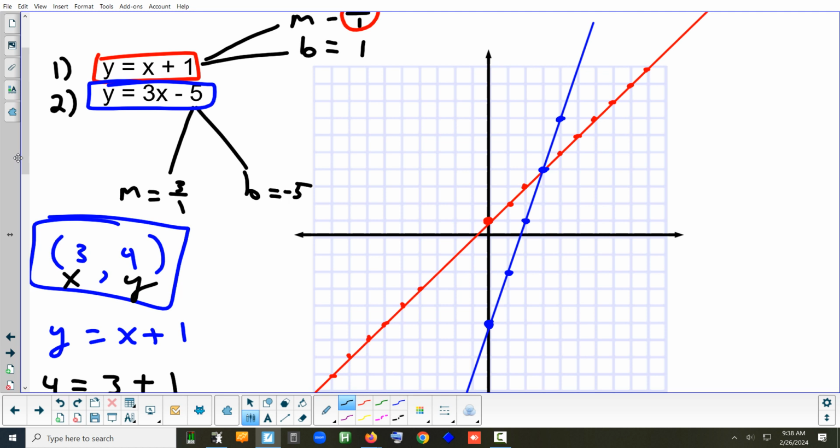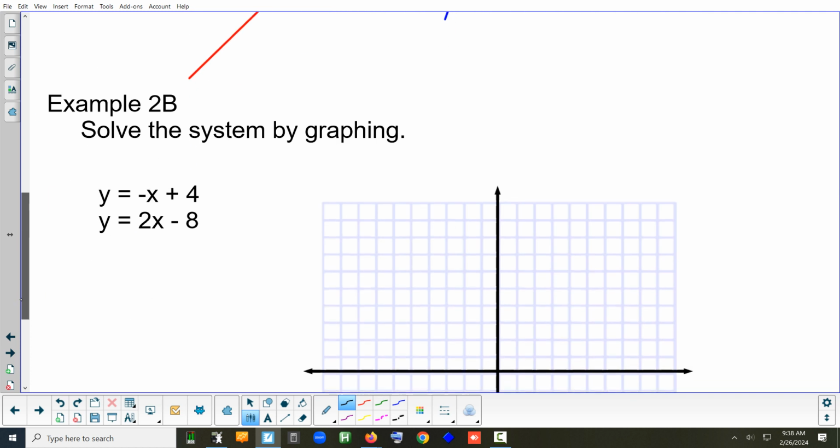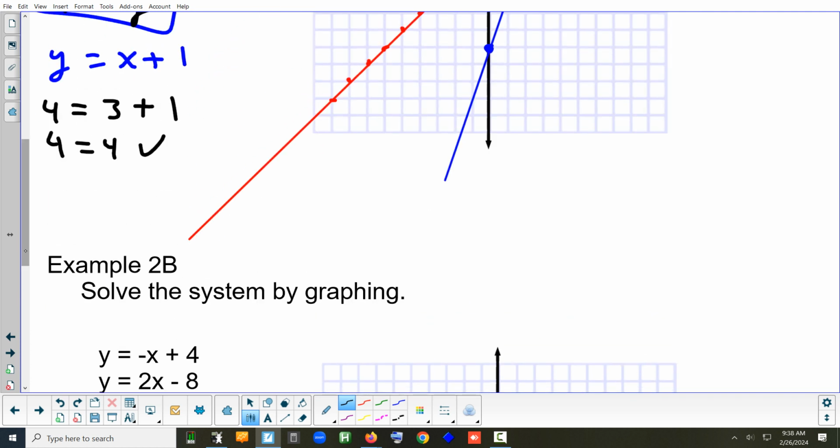All we know is it works in the first equation. Oh, we need to match in the second one. We got to make sure it works in the second equation. Okay, so y equals 3x minus 5. All right, let's try. I'm going to do that one over here.